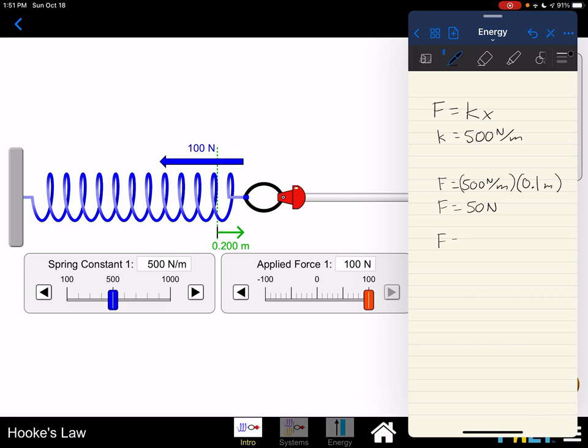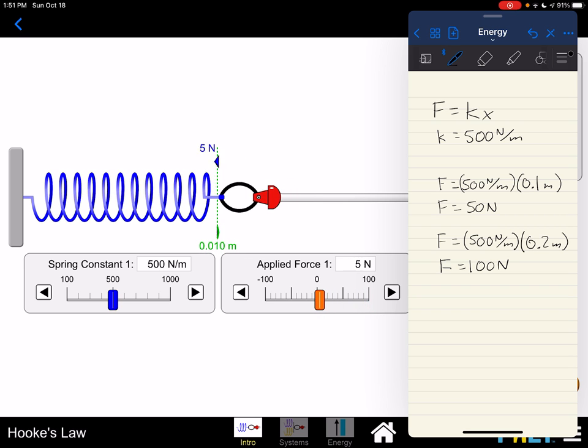Just to check that Hooke's law is working, again, we've got this spring constant that's 500 newtons per meter for this spring, and we're pulling at a displacement of 0.2 meters. And if we solve that out, we will get a force of 100 newtons out of the spring. So basically, the amount the spring stretches and the force the spring gives are proportional to each other.